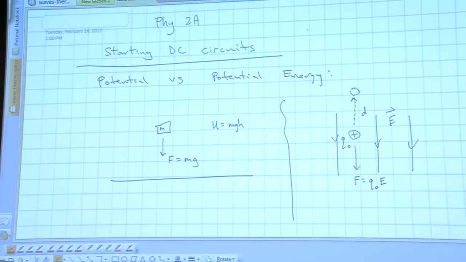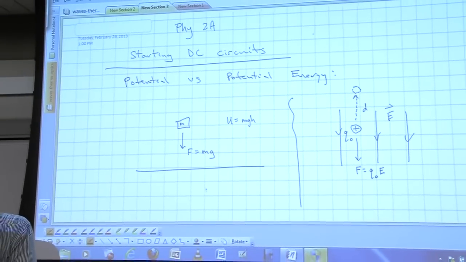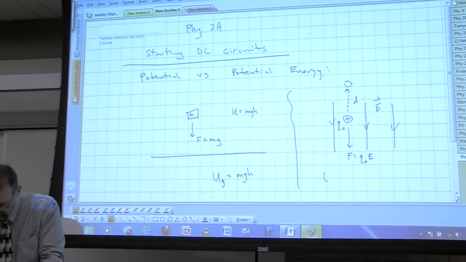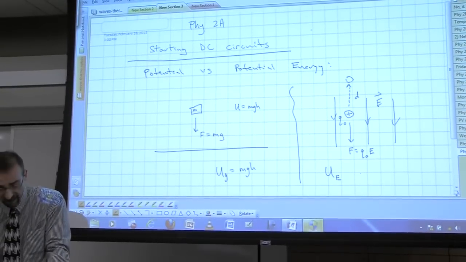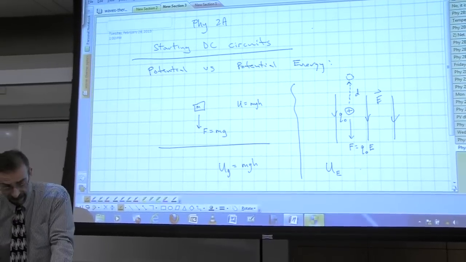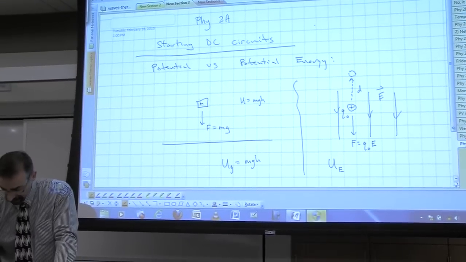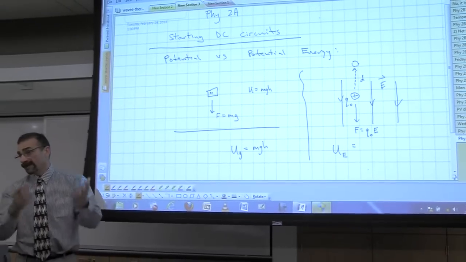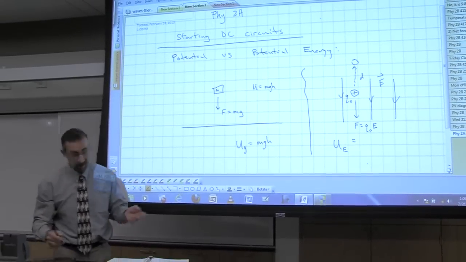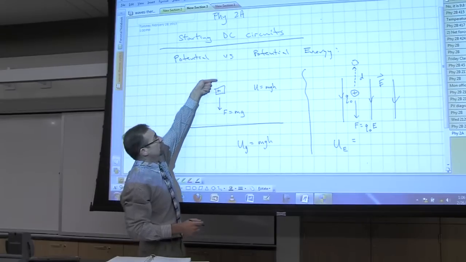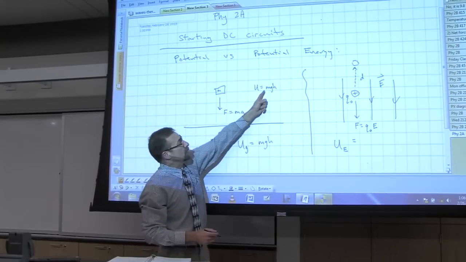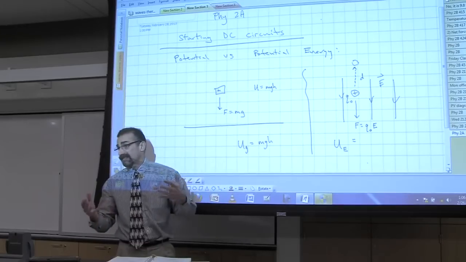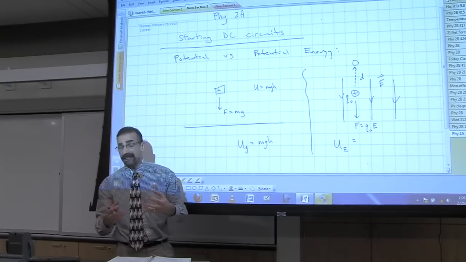So how much energy? So this is our U sub G, was mgh. And now we have a U sub E, our electrical potential energy, and it's equal to the work done in moving the charge. Just like this one. If we move it up higher, then it's the force times the distance, right? The work done in moving the charge is how much energy is now stored in that charge.